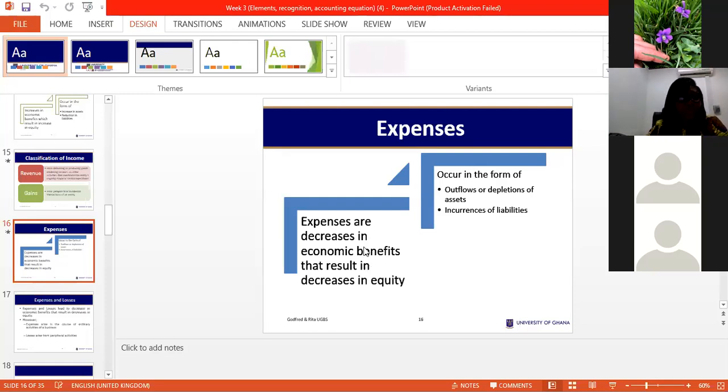So invariably, once you have an expense, which is decreasing your economic benefit, you should know that your equity is also declining. Because if your assets are declining, your equity will be the next thing that will be affected, in order to clear the present obligation.